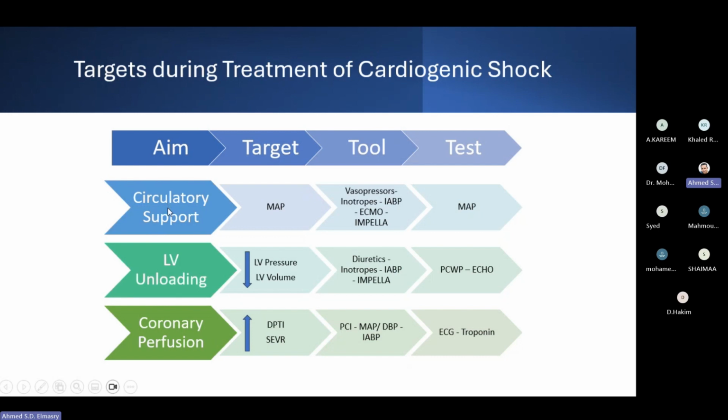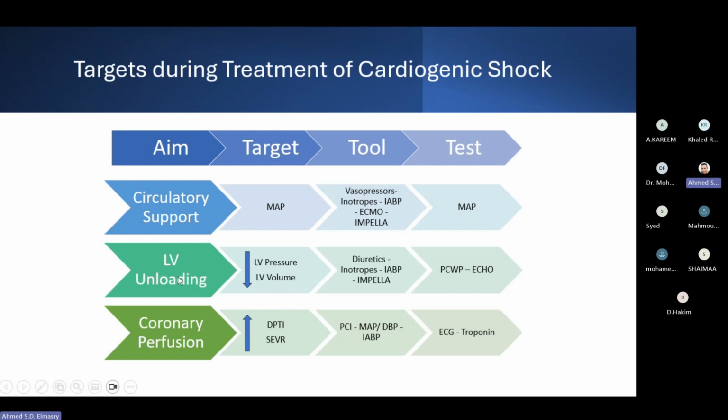In order to support the circulation, you will have a target MAP, and you will have a tool. The tool to maintain the circulatory support might be vasopressors or inotropes. You might go for mechanical circulatory support like intra-aortic balloon, ECMO, or Impella.